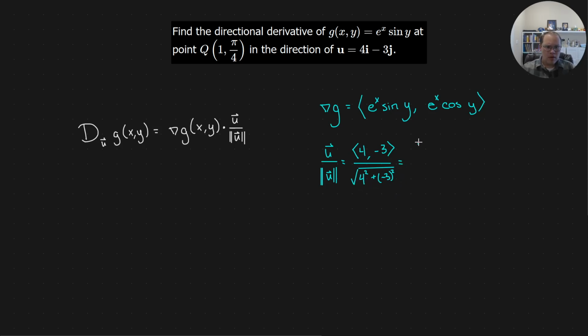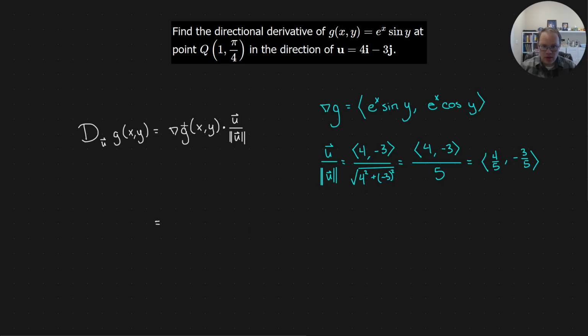In the denominator, 4 squared is 16, negative 3 squared is 9. 16 plus 9 is 25, and the square root of 25 is 5. And so I end up with 4/5 comma negative 3/5. Okay, I have the pieces I need. Let's plug in.